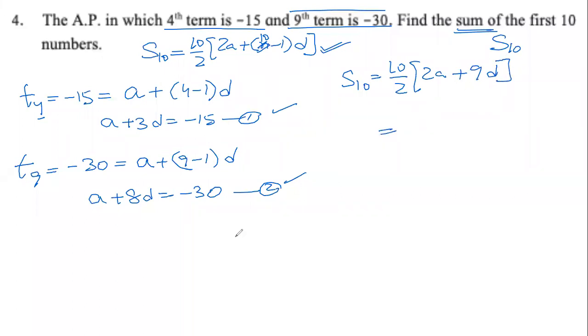So again, if I write one more step here, 10 by 2 is 5 and 2A plus 9D. We find the value of A and D by solving equations 1 and 2, then put those values here to find S10.